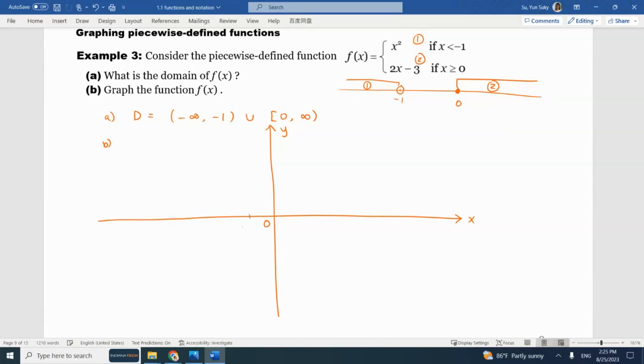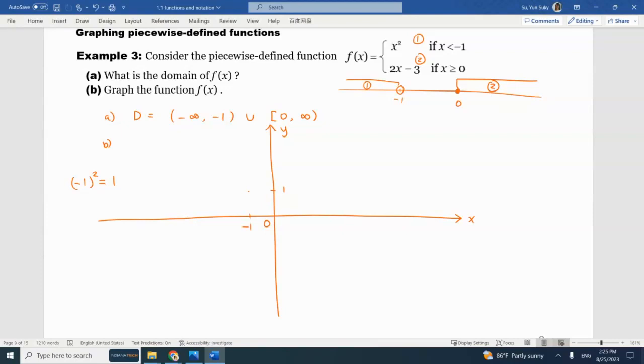So -1 is here. Let's plug in x equals -1 into the first formula. Do you see we get -1 squared? What's that? 1. Okay, so at -1, 1 is here.